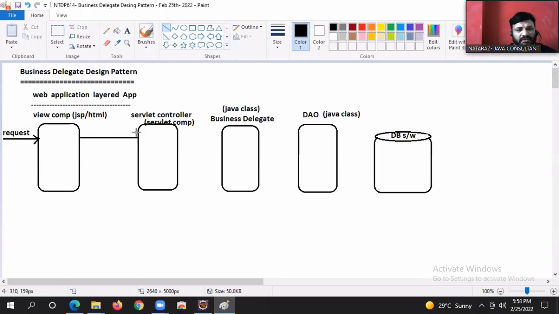The view component sends the request to the controller, that will be passed to the business delegate, the business delegate will pass it to the DAO, and the DAO will talk with the database software. From there, control comes back.